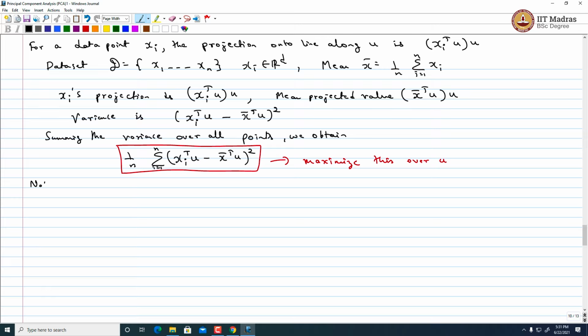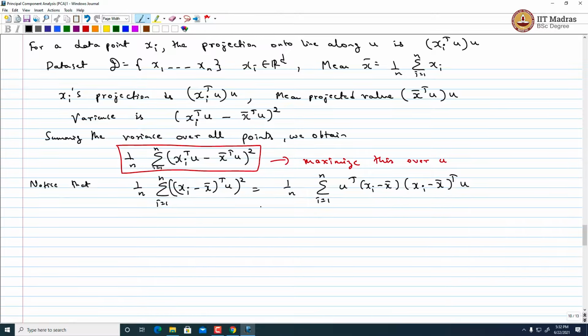Now just notice that you want to maximize the variance of data, so 1 by n summation i equals 1 to n of (xi minus x bar) transpose u, all squared. Following the same logic as in the previous lecture, this can be written as 1 by n summation i equals 1 to n of u transpose (xi minus x bar) into (xi minus x bar) transpose u.